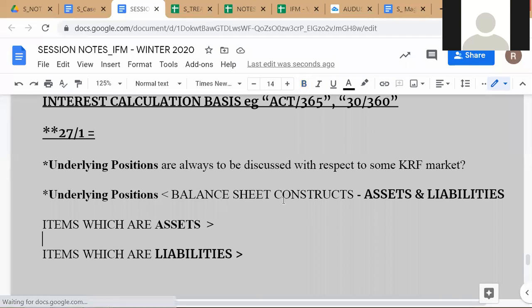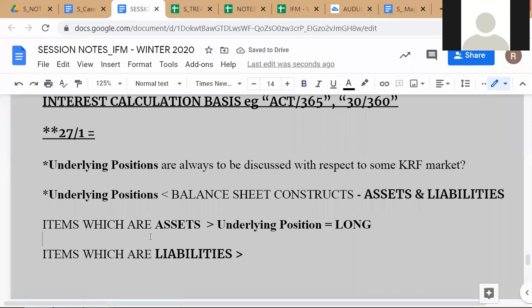If it's an asset, what is the underlying position likely to be, long or short? Long. Yes, long, right?